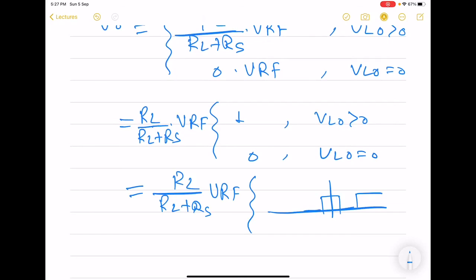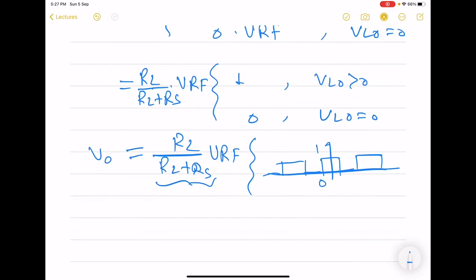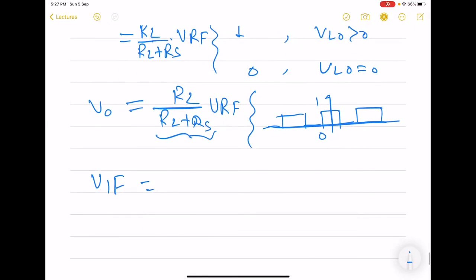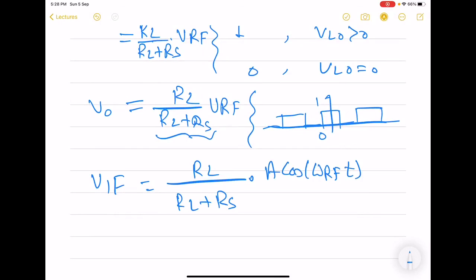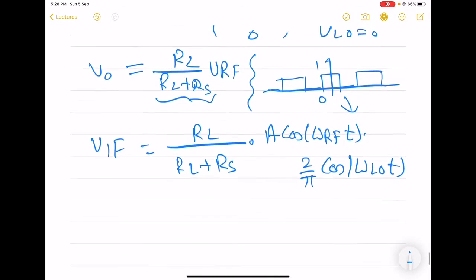So we again have the same square wave which we had been getting. There's no change in it. So only change is this factor which has appeared. So if you say VIF, it is going to be, so from here what we will get is 2 by pi cos omega LO t.